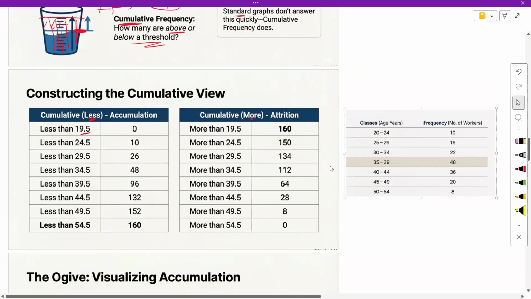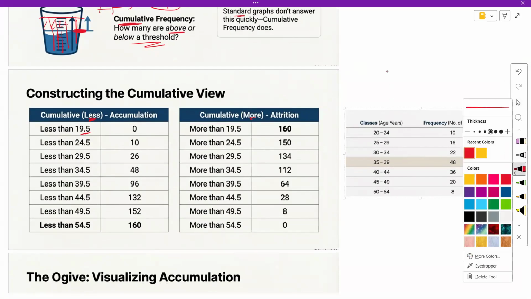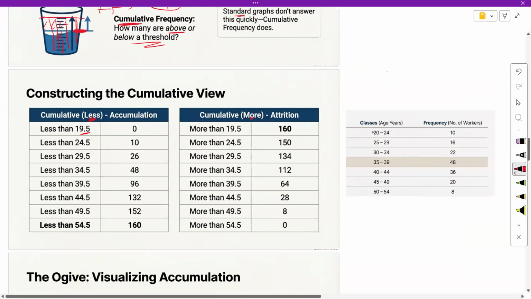Here, this is the lower boundary, 19.5. But we know the employees aged between 20 to 24 number 10. Less than 19.5, nobody. But less than 24.5 is 10 employees.